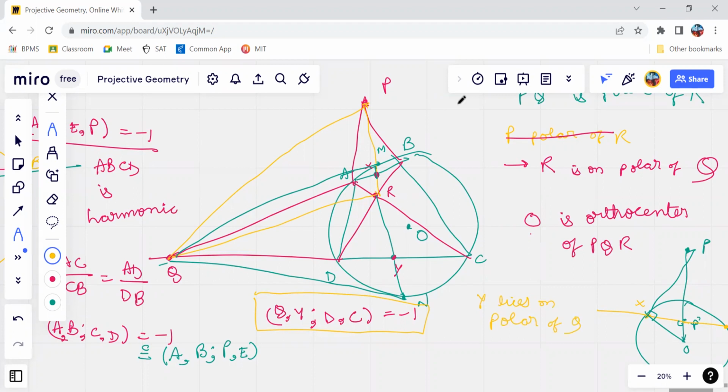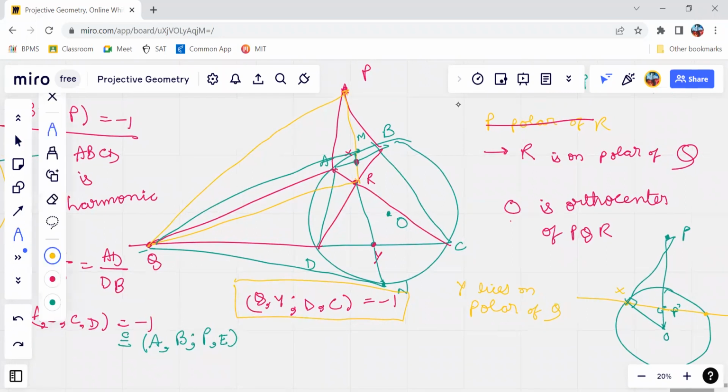Right? Exactly. And we also know that PXAB is also -1 by just projecting this thing up. Then we get that the polar of P lies on the polar of Q lies on PR, because XY and Q are coincident. So we also get X lies on the polar of Q. In fact, the polar of Q must be this line XY.